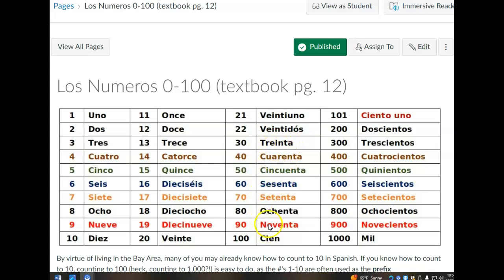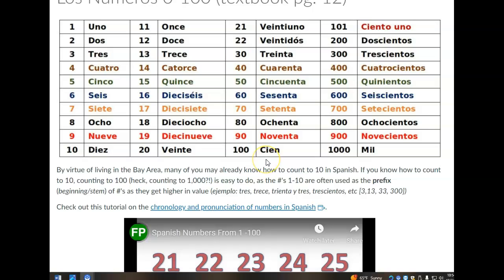And then once we get to 30, or 31 rather, all the way up to 99, in between the tens place and the ones place we put y, the conjunction y, and, right, which you can see here.